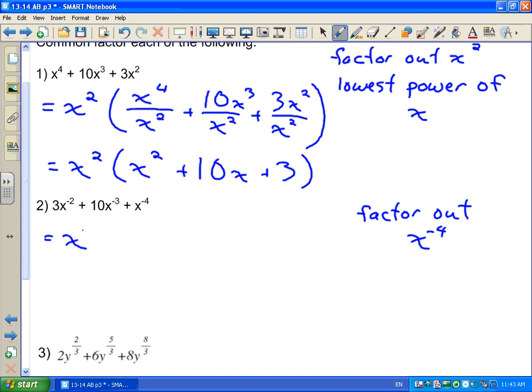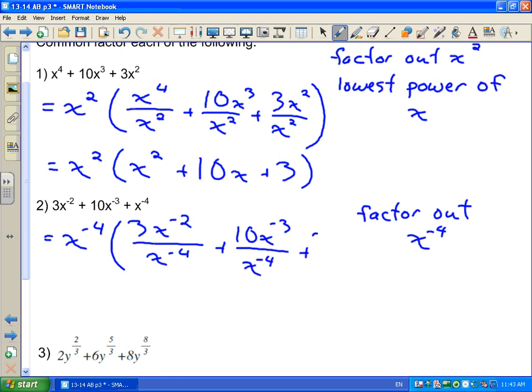So just to write it out in gory detail, if I've got 3x to the negative 2, divided by x to the negative 4, plus 10x to the negative 3 divided by x to the negative 4, plus x to the negative 4 over x to the negative 4, right?